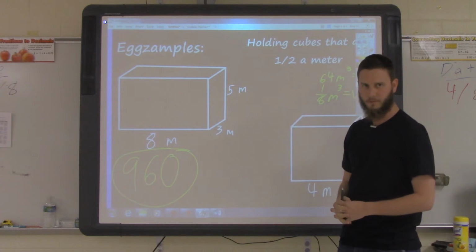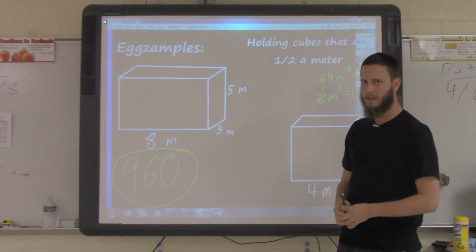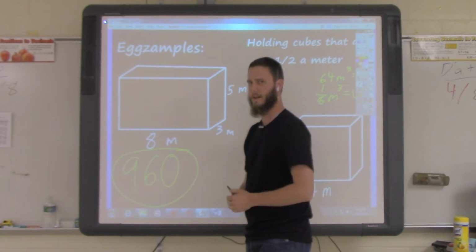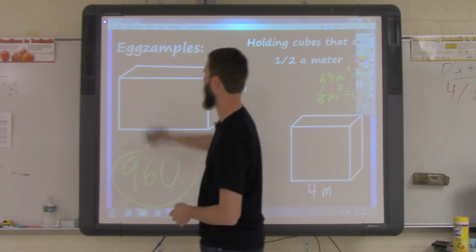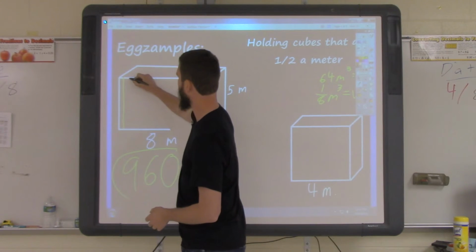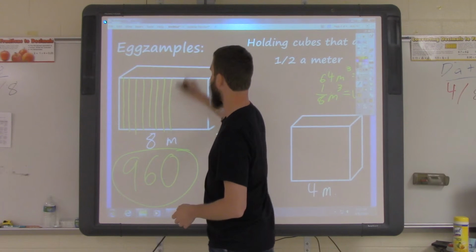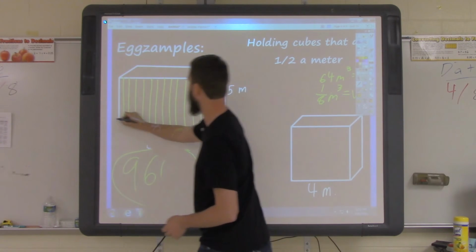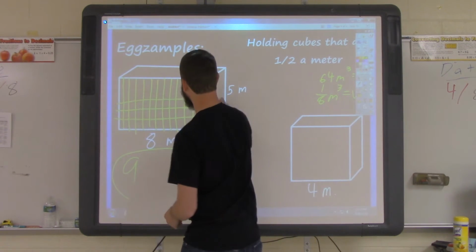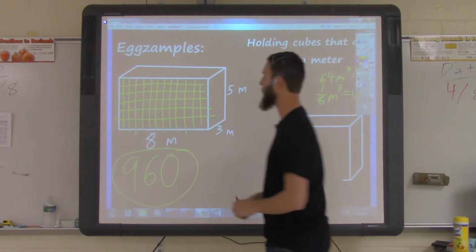960 cubes. Okay? What I mean by cubes, and I know I've been dancing around this question and haven't answered it officially, is that we are finding out exactly how many cubes that measure about half a meter can fit inside of this prism.